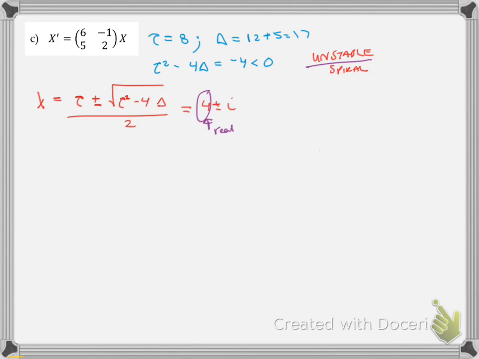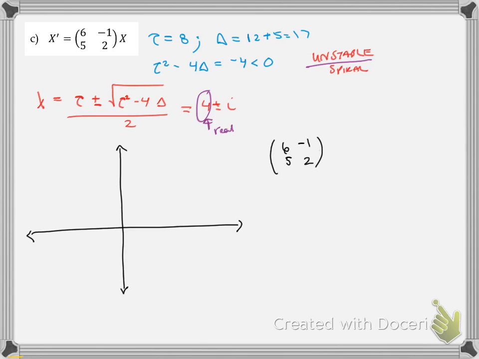And the way you want to do this, so let's draw our graph. We don't even have to necessarily find the respective eigenvector. You can, but you don't have to, because all we want to know is what direction the spiral is going in, meaning clockwise or counterclockwise.